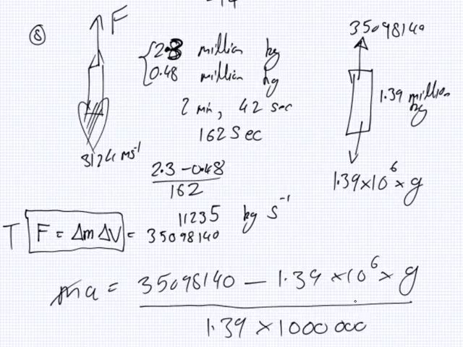35098,140 minus 1.39 times 10 to the 6th times 9.81 over 1.39 times 10 to the 6th. It's off a little bit. I'll fix it. I don't think I typed in anything wrong there.